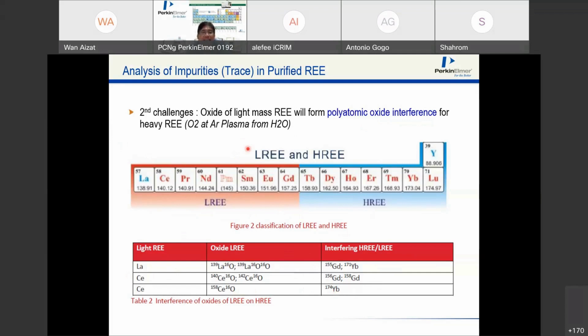So before we analyze it, let's take a look at the interferences on the rare earth, because you can easily get false positives when running rare earth element if not removing them, or you may think the sample contains very high rare earth, but in fact it's from interferences.